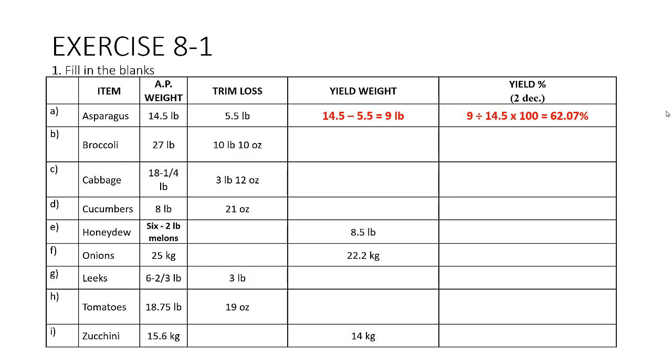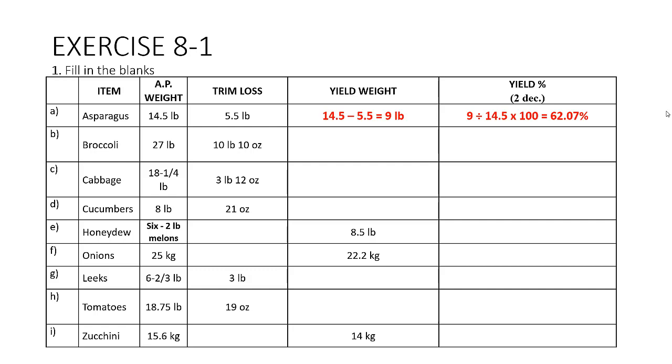Moving on to the broccoli, we've bought 27 pounds, that's our AP weight, and we have a trim loss of 10 pounds, 10 ounces. We know that working with decimals instead of pounds and ounces is much easier, so we're going to convert 10 pounds, 10 ounces into its decimal equivalent in pounds. The no-brainer part, we have 10 whole pounds.